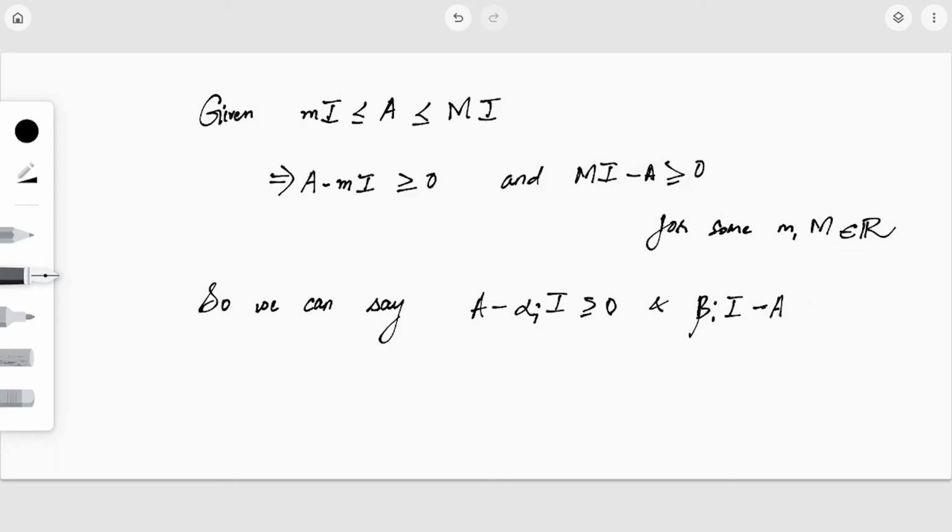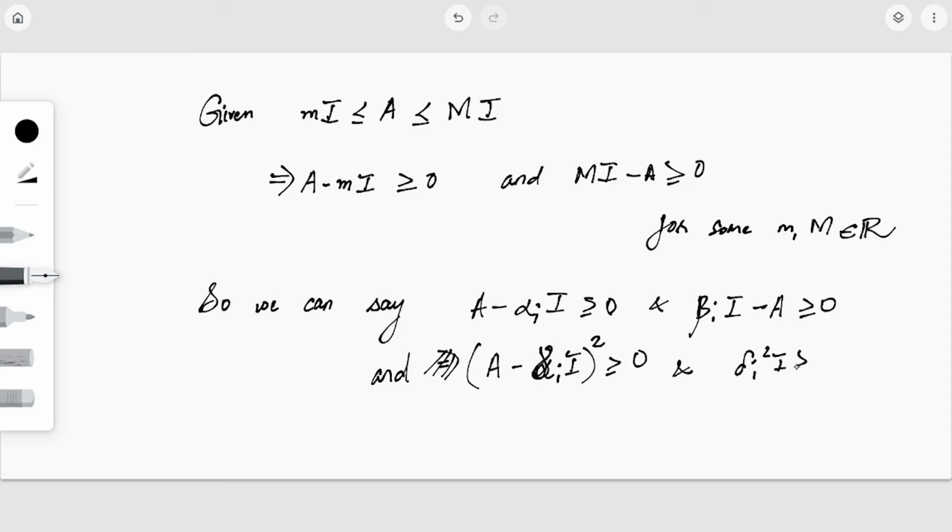Instead of small m and capital M, I'm replacing it by alpha I and beta I. So that is a minus alpha I into I is again alpha I. Okay, so sorry, alpha I a minus gamma square will also be greater than 0, and we can say that delta I square I is also greater than 0.